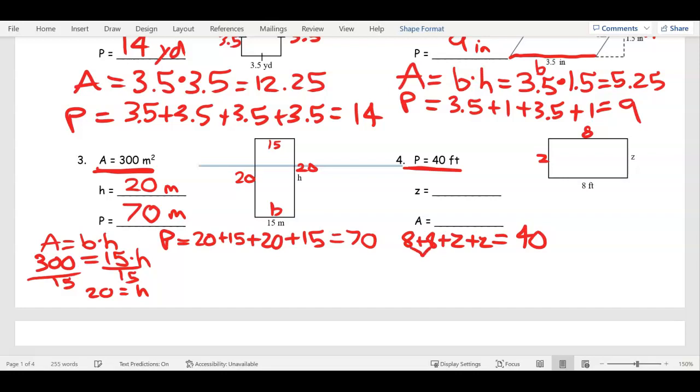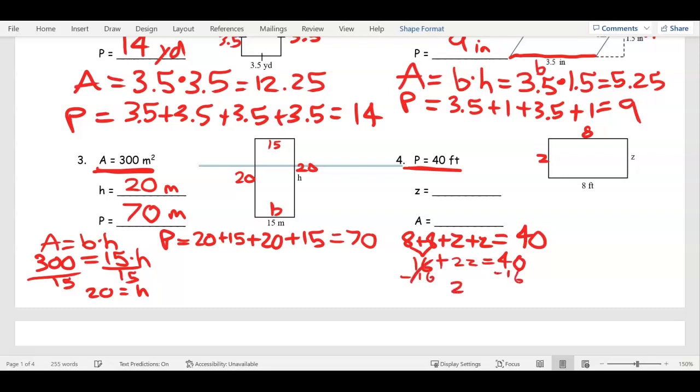8 plus 8 is 16. Z plus z is... Now, if you add a z and a z, how many z's is that? 2z. Yes, sir. That's the next step. Very good. So to get z by itself and get rid of the 16 loner, we're going to subtract it.